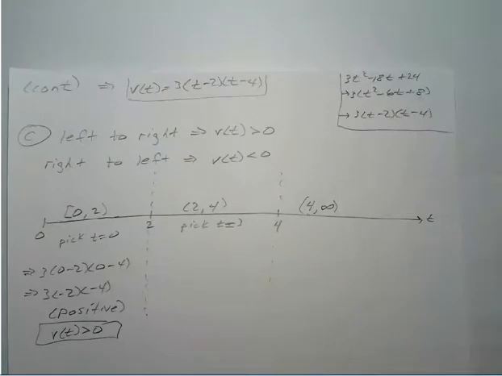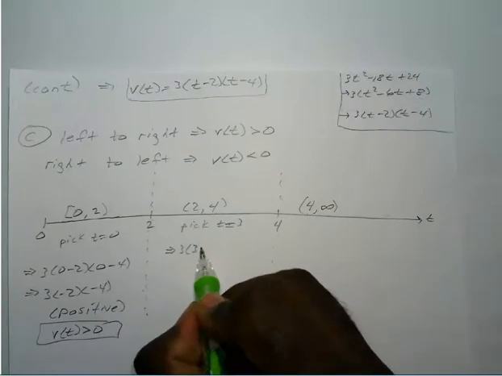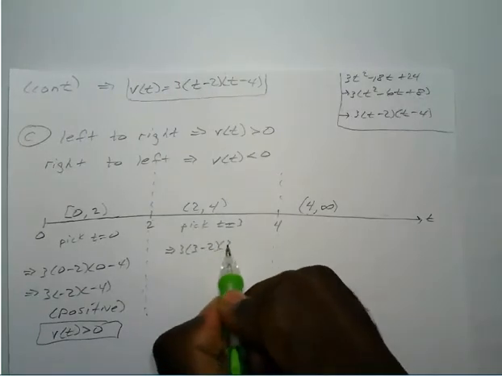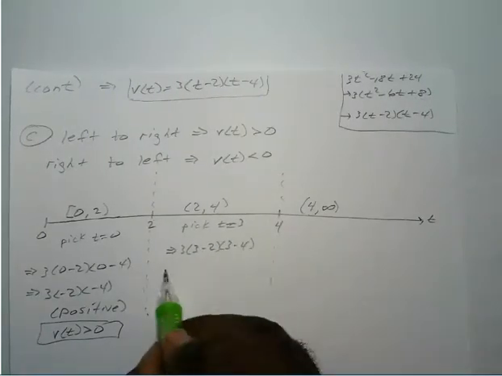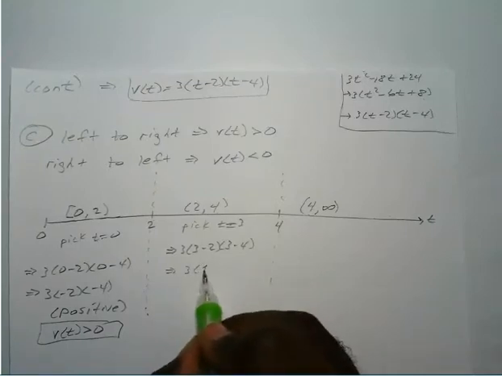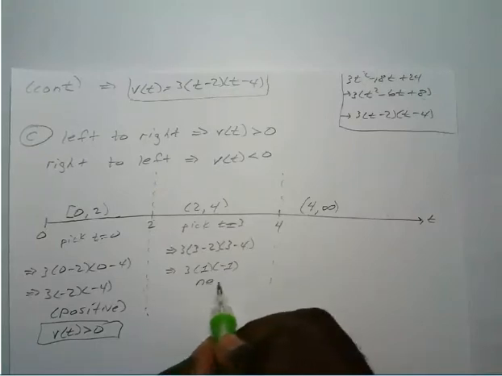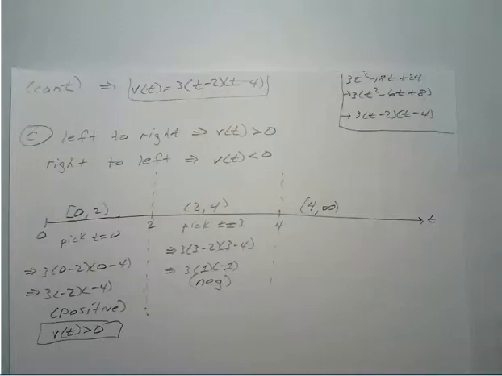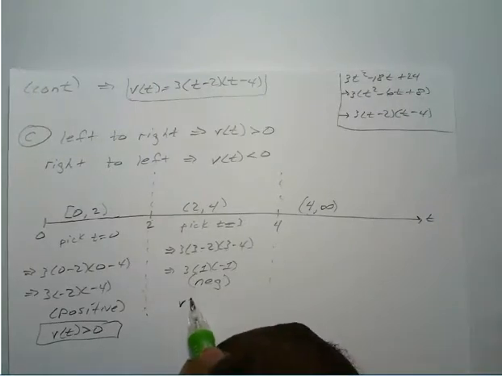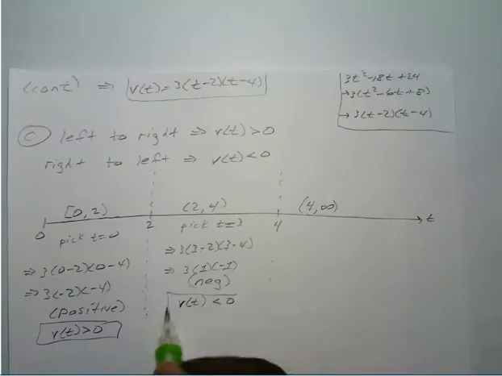We plug it in: 3 times (3 minus 2) times (3 minus 4). 3 minus 2 is 1, 3 minus 4 is negative 1. So we already know this is going to be negative, and if it's negative, then your velocity function is less than 0.